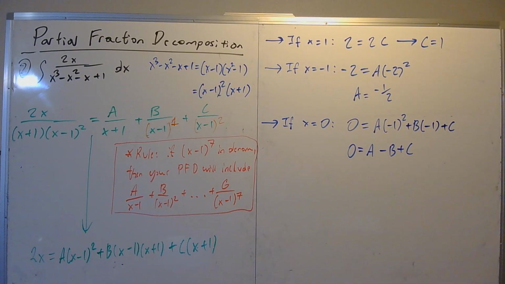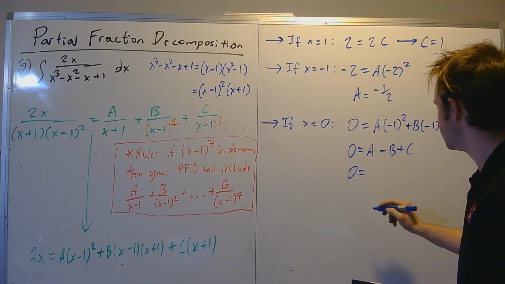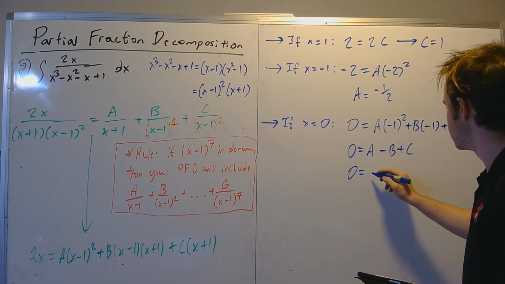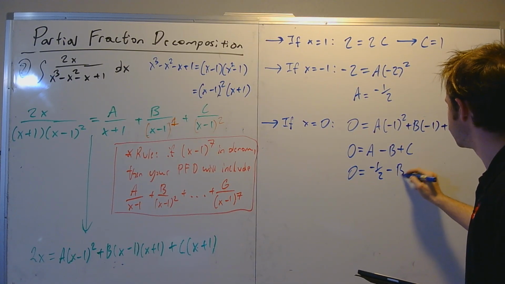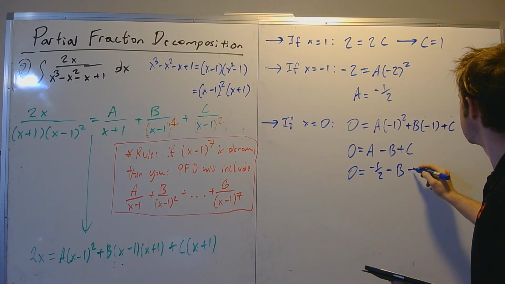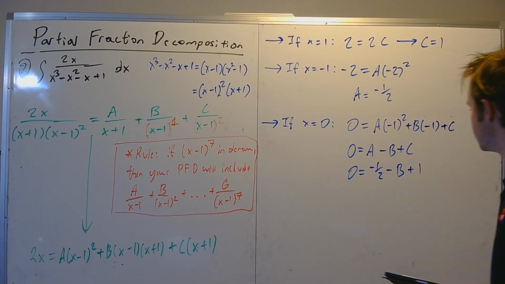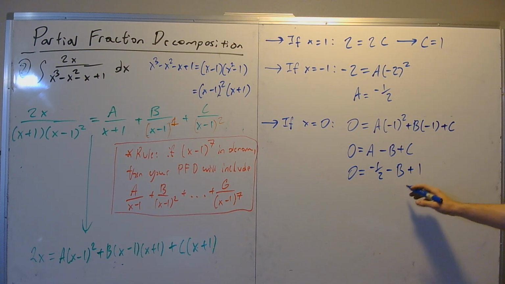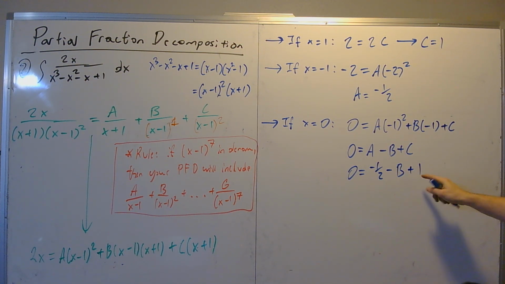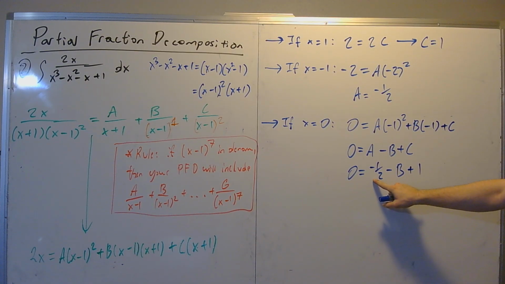Now we can just plug in what we found for a and c. So we're going to get 0 equals -1/2 minus b plus c. So c is 1, so we've got to figure out what we need as b here. We just subtract, 1 minus 1/2, that's 1/2.